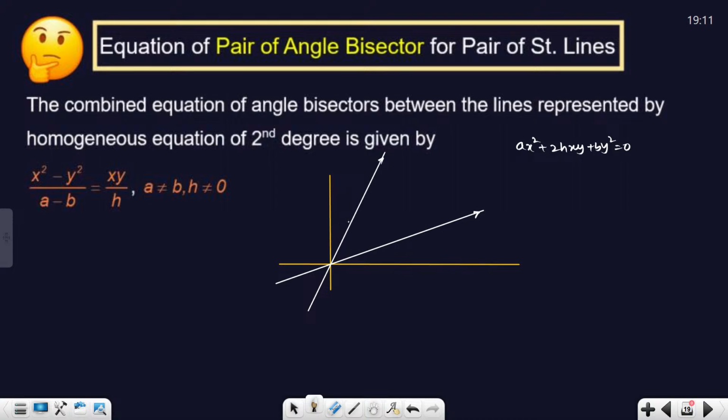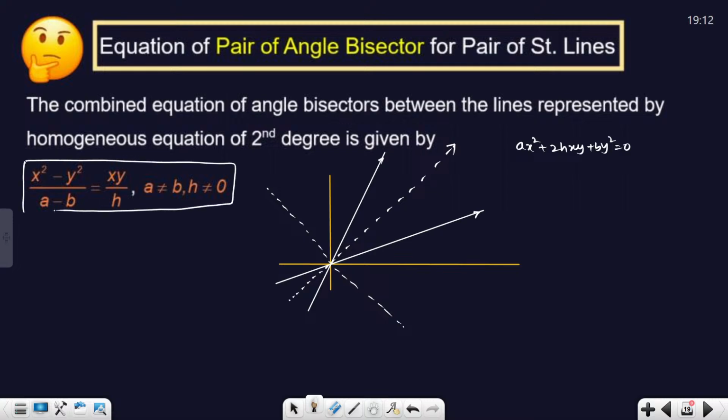Now, you can easily see that we are going to get two angle bisectors in this case. One is this, and another one is this. Yes or no? So these are the two angle bisectors, and their combined equation is this one. What is that?